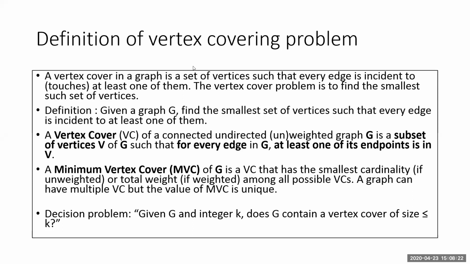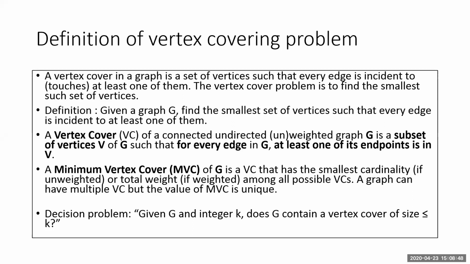When you look into the problem statement, we can define it clearly: given a graph G as the input, find the smallest set of vertices such that every edge is incident to at least one of them. So you are going to extract the minimum number of vertices from the given graph such that it can cover the entire graph.